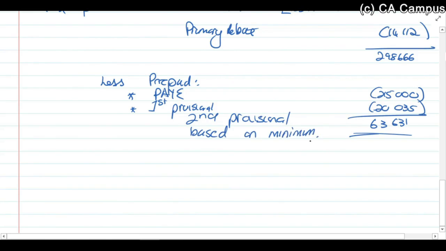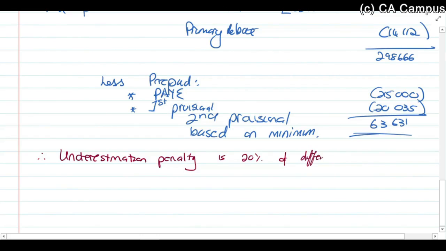Okay, so now let's just change it. The underestimation penalty is 20% of the difference.